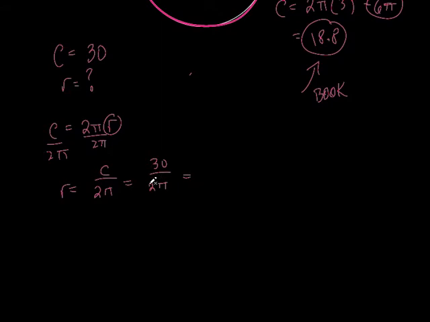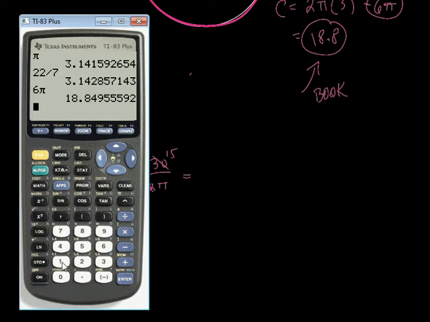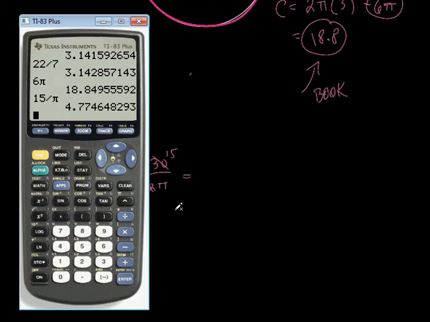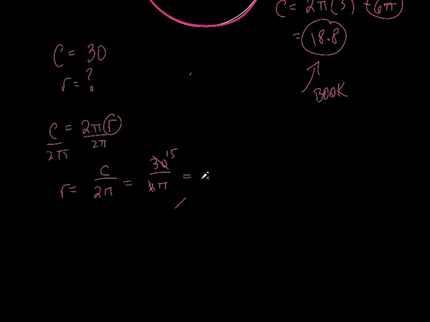You could put that in your calculator, or you could just do 15 over pi. So you stick in 15 divided by pi. Let's use the pi button. Equals 4, and rounded to 1 decimal place, that would be 4.8. So the radius is 4.8.